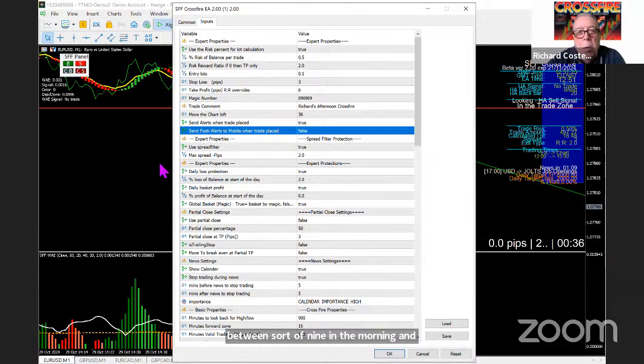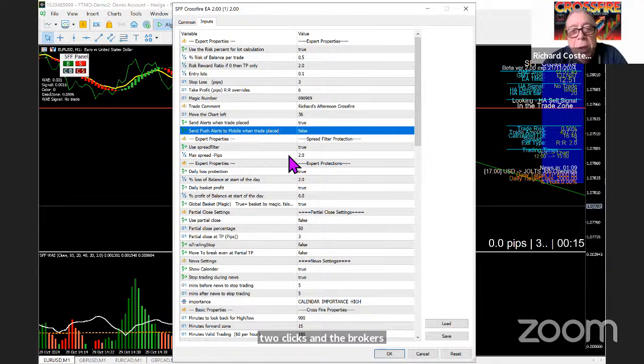But I always have a maximum spread of 2 pips. Basically, I don't think it's worth being in a trade where you've got a stop loss of 3 and your broker's taking 2. So my stop loss is 3 pips, and the broker's basically going to add another 2 pips on that stop loss.